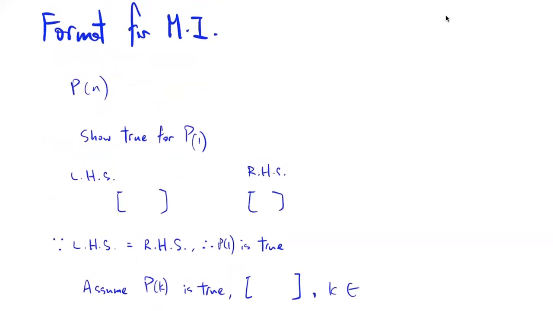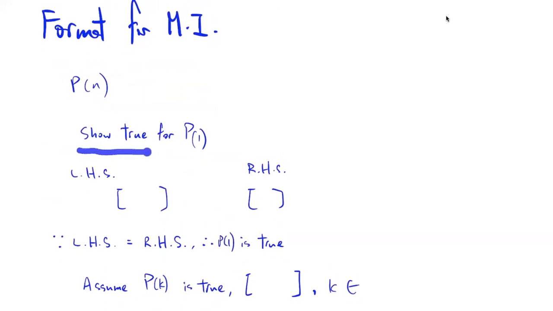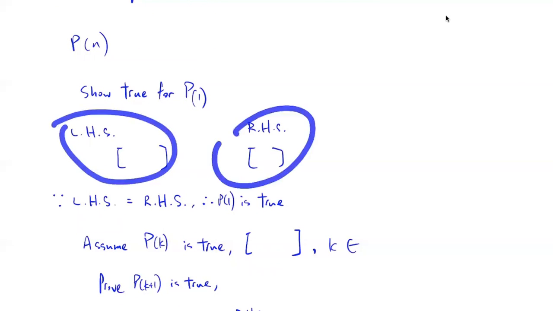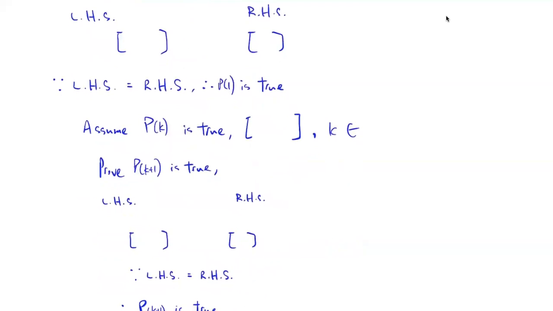And here is a general format for doing mathematical induction problems. First we define Pn equals to the expression, and then we show true for P1. So the left-hand side equals the right-hand side. Because the left-hand side equals the right-hand side, therefore P1 is true. And then we assume that Pk is true, and we write down that expression, where k belongs to whatever constraints that problem has.